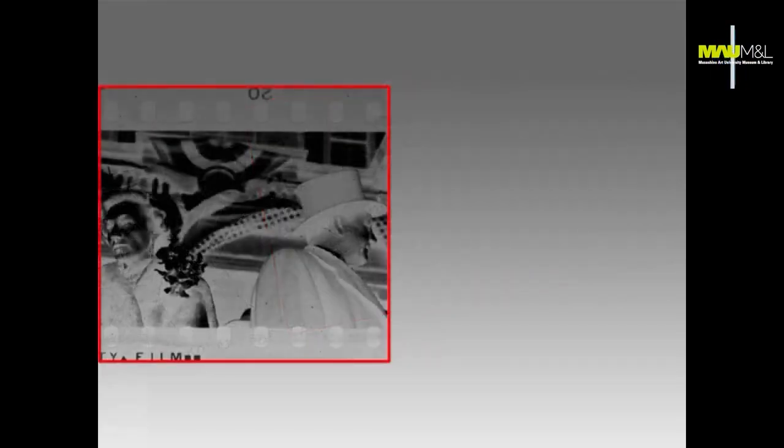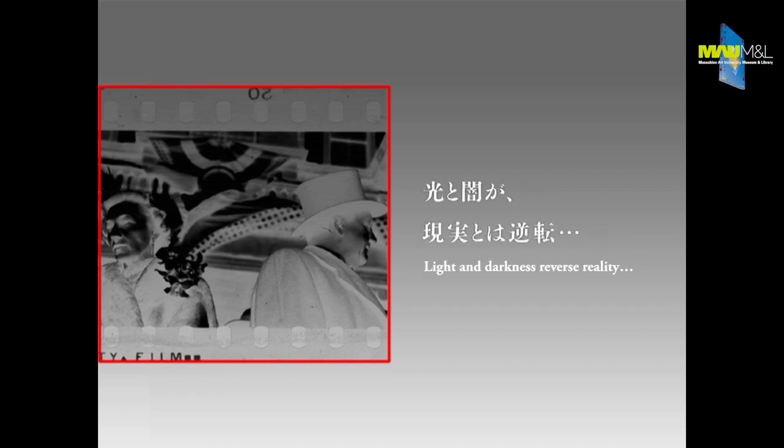Areas exposed to light become blue due to chemical treatment, while areas not exposed to light remain transparent. This is the feature of negative film. In other words, the relationship between light and darkness is established, reversed from reality.